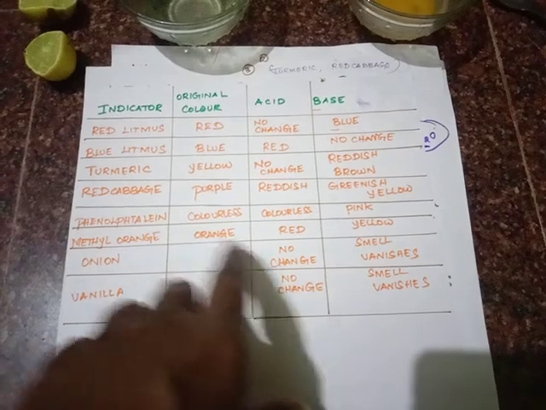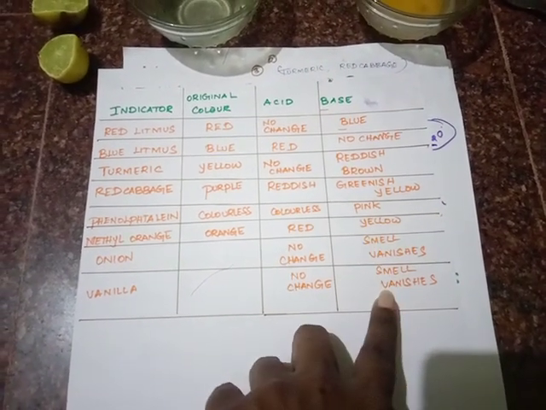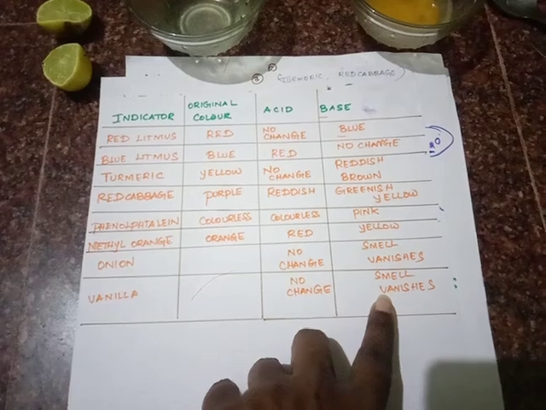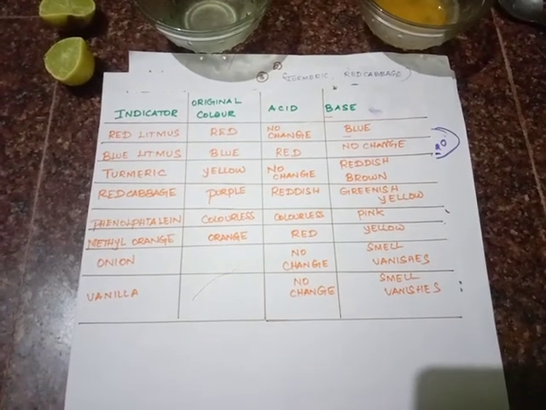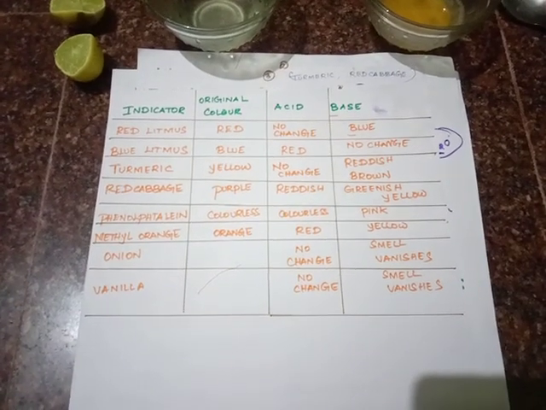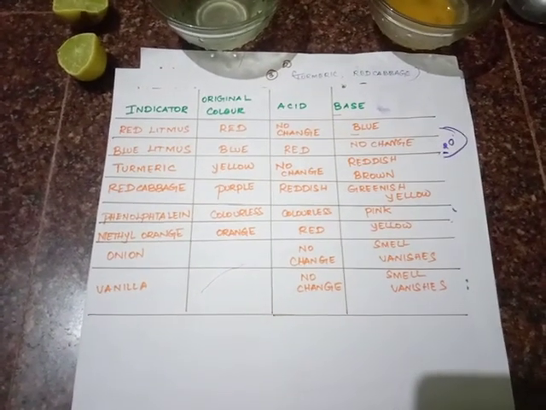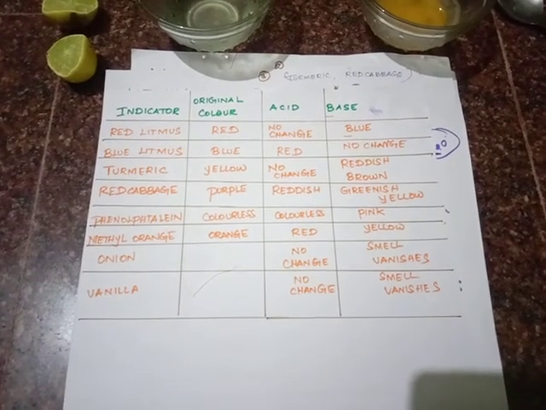Onion and vanilla: with acids there will be no change, only with base the smell will vanish. So far we have seen what are acids, bases, and salts. This is the introduction for this lesson.